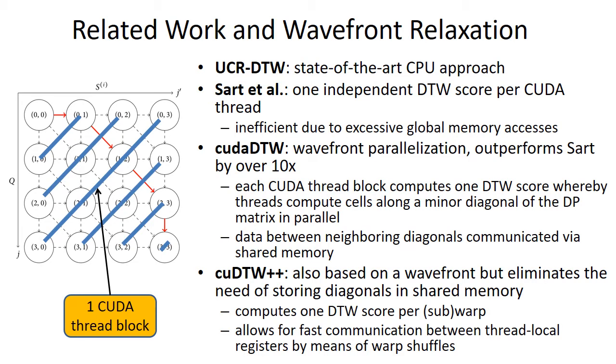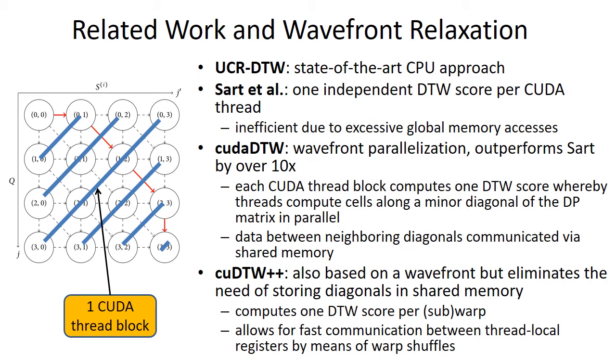In previous related work, CUDA-DTW is the state-of-the-art CPU approach for dynamic time warping. Zart et al. were the first to parallelize that on CUDA, but they do not use a CUDA thread block. They just use one CUDA thread per dynamic time warping score calculation. This is highly inefficient due to excessive global memory accesses.